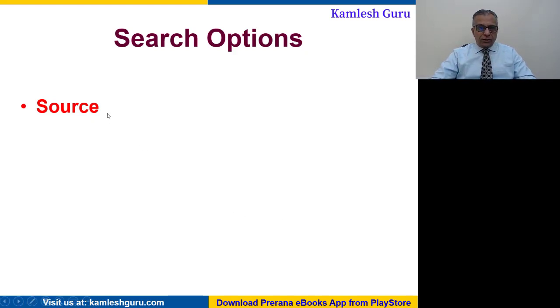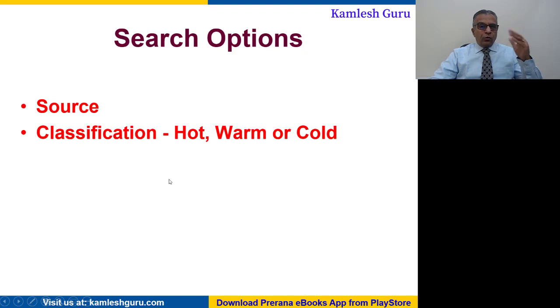So you can search on the source. So once you search on the source and relatives or friends, all the prospects under that particular source will come. You can search on hot, warm or cold prospect. So that you can decide which prospects to be called first. Once you generate the list of the hot prospects, call on those hot prospects first.